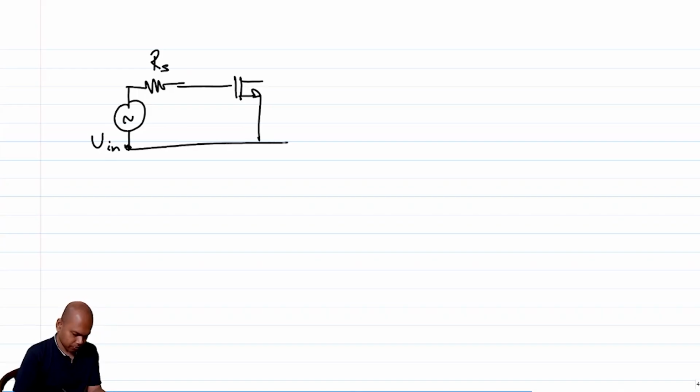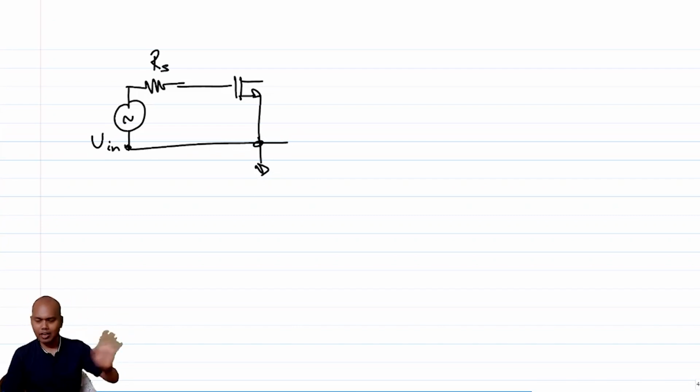So let's say again I have our good old common source amplifier. This is a source resistance. This is Vn. I am calling this a common source amplifier, but for the time being, I am assuming that the load resistance at the drain is noiseless, and I'm only interested in the output current.